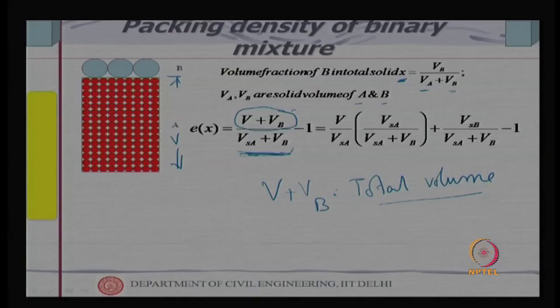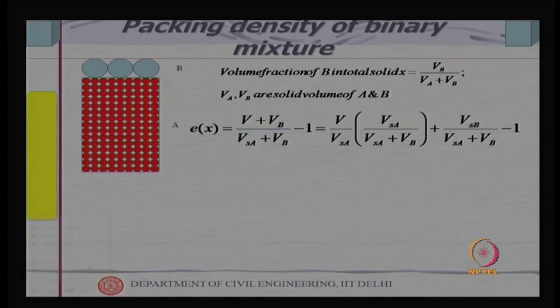In that case, the total volume will be V plus V_B and the volume of solid will be this. So, my void ratio by definition would be (V plus V_B) over (V_SA plus V_B), minus 1.